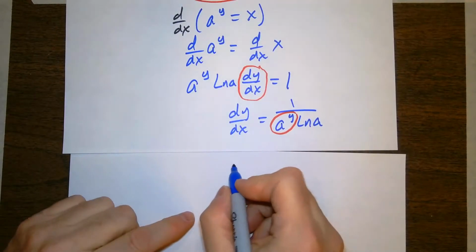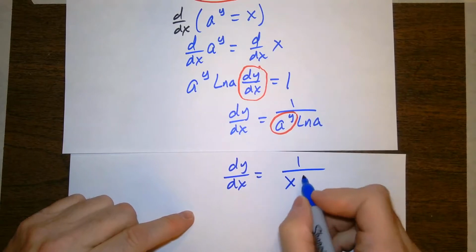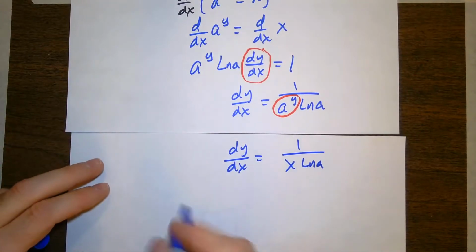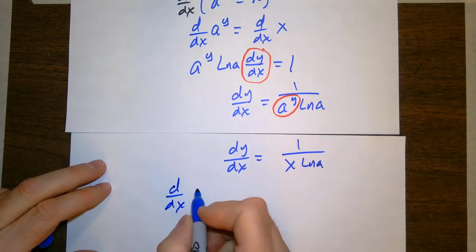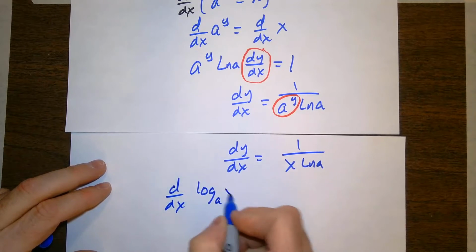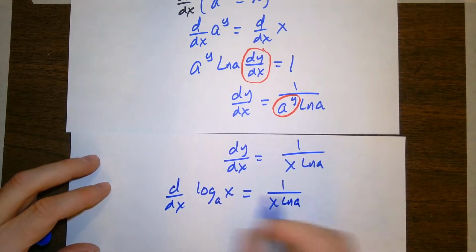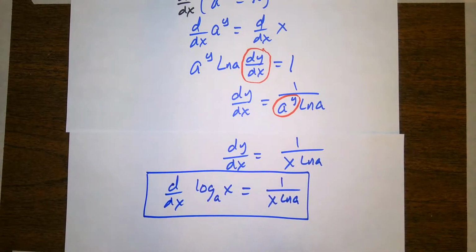So the derivative is going to be 1 over x times the natural log of a. In general, we would write that the derivative of log base a of x is 1 over x times the natural log of a. There's our first formula.